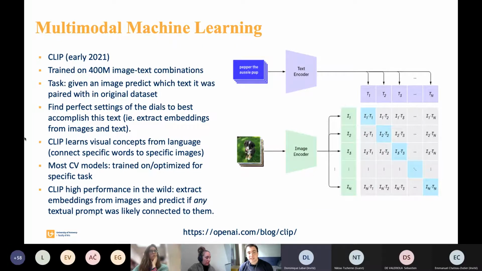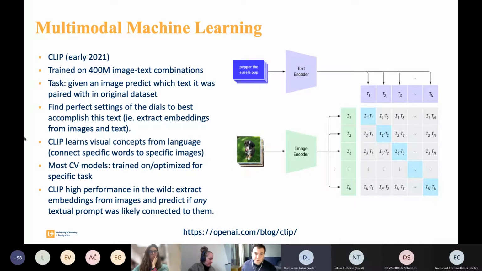It was trained on almost 400 million image-text combinations, which were all derived from the internet again. But the task of CLIP was not to classify an image or to predict the presence of an object in the image, but rather the task of CLIP was that given an image, it must predict which text it was originally paired with in the dataset.